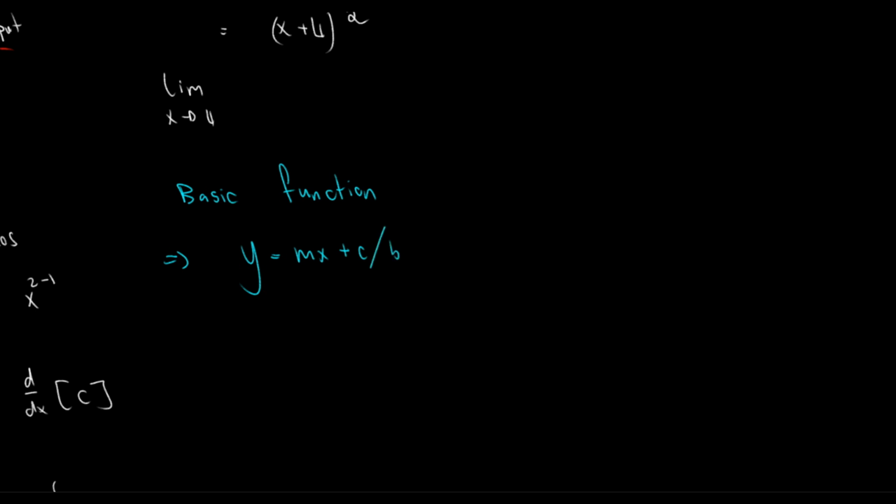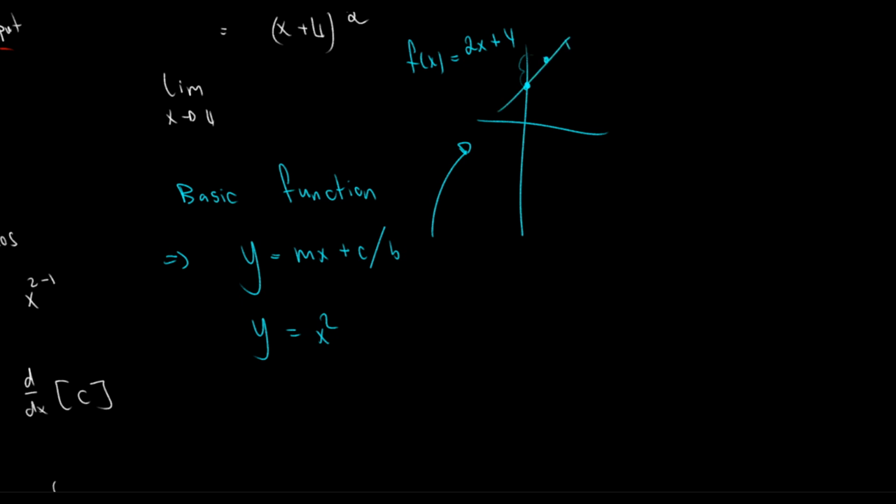It can be c, b, or k actually, or we can have y is equal to x squared. How these functions look is, let's say we're given some f of x is equal to 2x plus 4. We know we start at our y-intercept, we go 2 up, 1 right. So this is how we can graph it.